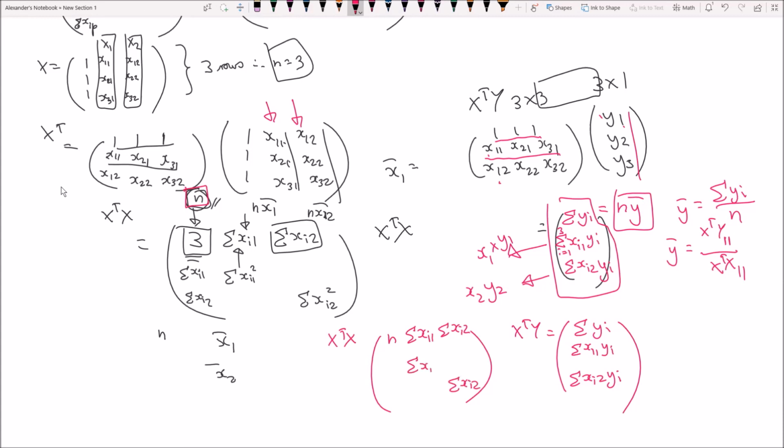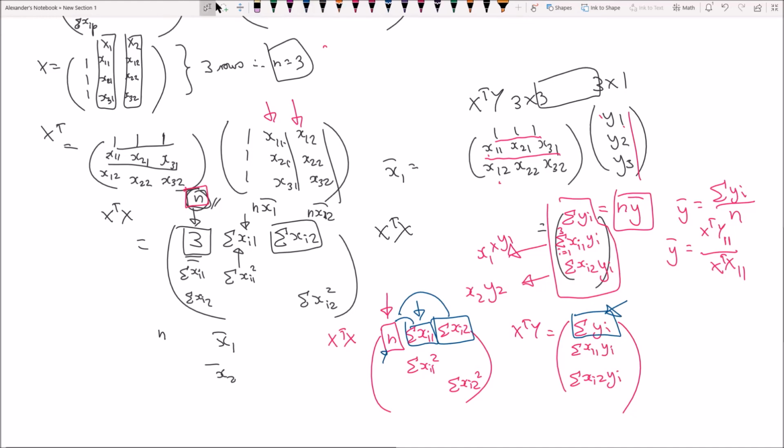So if you were only given these matrices, you can work out what the number of samples was, which is n, or what the mean of x1 was, and it's simply this value divided by n. What was the mean of x2? You would take this entry of the X transpose X matrix and divide it by n, and you can work out what y bar was by taking this value, the summation of yi, and dividing it by X transpose X's first entry.